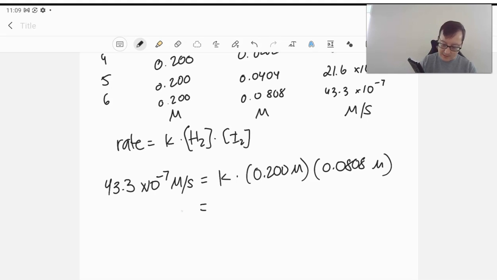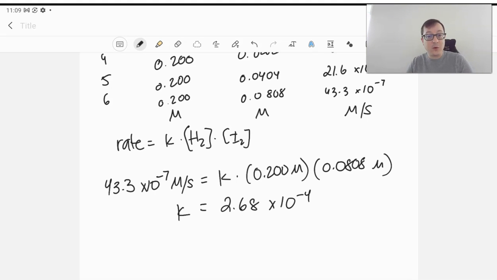And doing so, we get k equals 2.679, or in this case only 3 sig figs, so 2.68 times 10 to the negative 4. And so if we want to consider the units, we're going to need to divide both sides by molar squared, right? To cancel out all of the molars on the right side. And in doing so, we get molar per second.